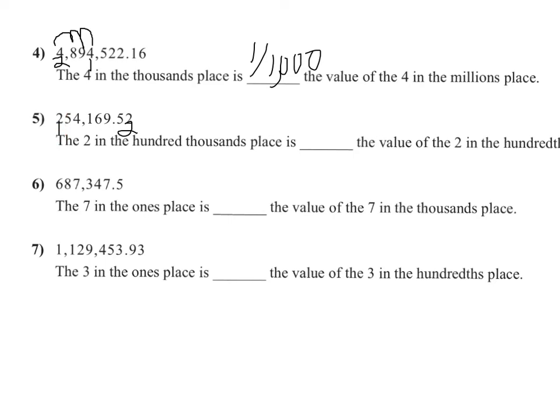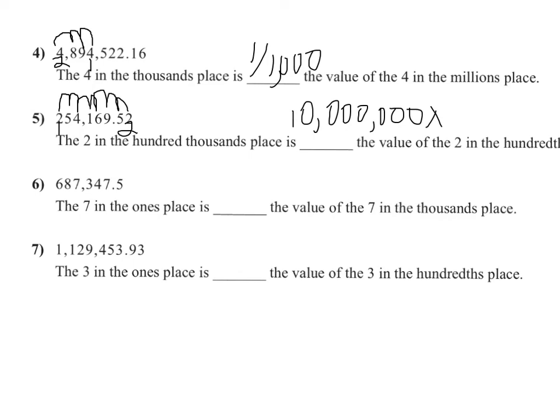Now we need to figure out how much larger. So we're going to go 10 times larger, 100, 1,000, 10,000, 100,000, a million, 10 million. Wow, that's a lot. So we would say it's 10 million times the value of the 2 in the hundredths.